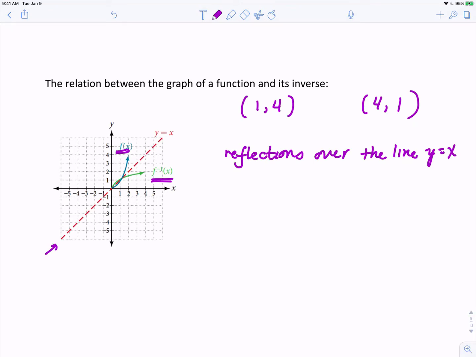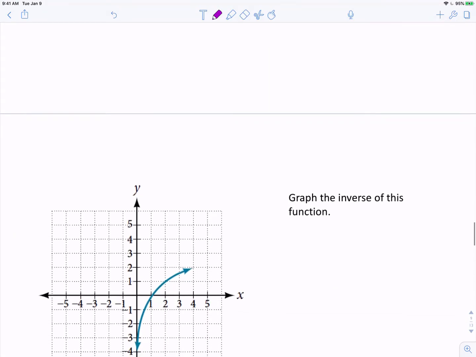For example, here's a point, (4, 2), which is on the graph of the inverse. So (2, 4) we would expect is on the graph of the function, and yes, it is, right there. So the graph of a function and its inverse are simply reflections over the line y equals x.